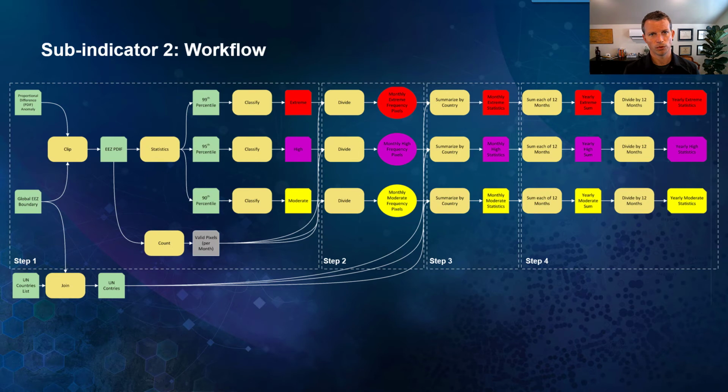In step 3, we are summarizing that by each country by clipping those pixel values to a country's exclusive economic zone. And then in step 4, we are summing up each of the 12 months into an annual product to understand the amount of extreme, high, and moderate occurrences within the entire calendar year.